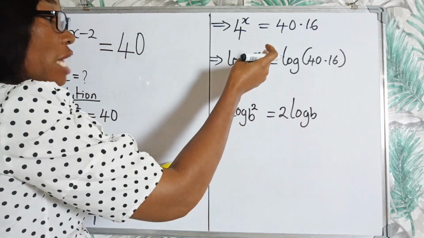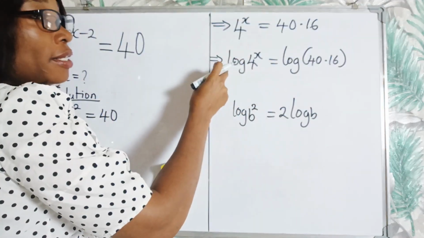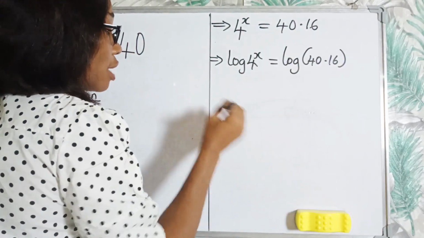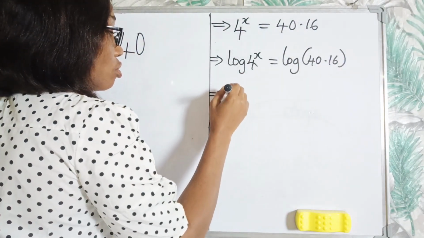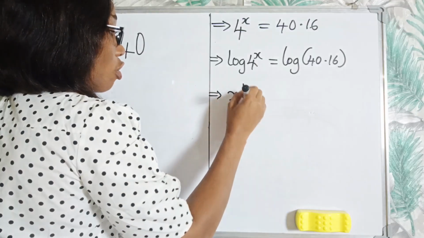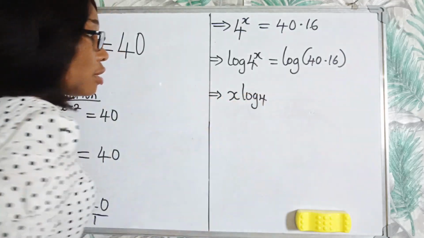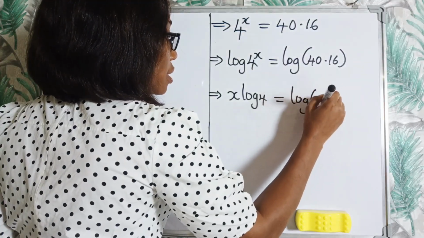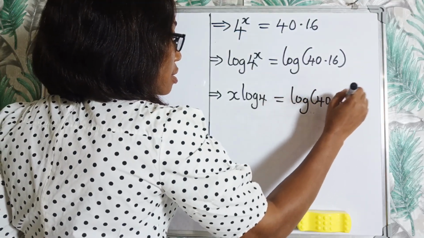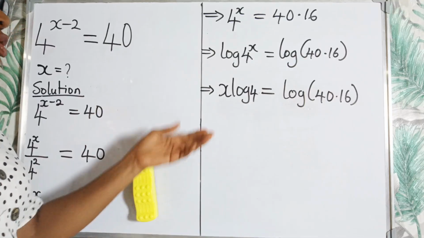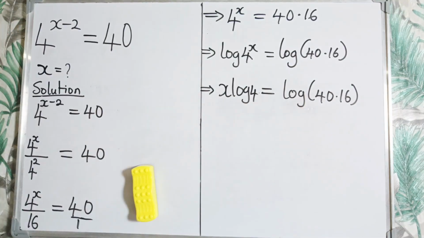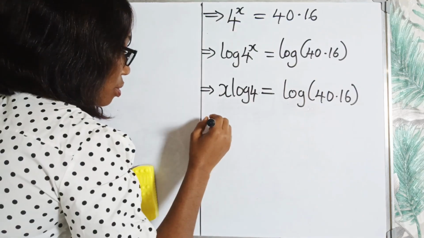We are allowed to use our exponent to multiply the log. All right, so we are going to have here x log 4 is equal to log 40 times 16.